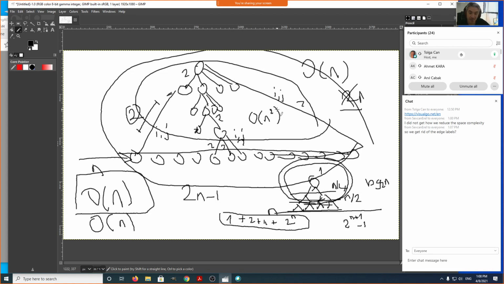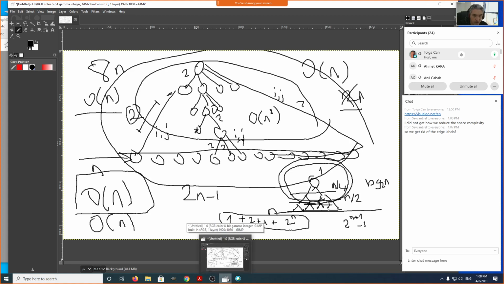The space that I'm going to require for each edge is going to be a constant size. For example, if two integers take 8 bytes, you're going to need 8 times n bytes for your edges, which is linear complexity. All right, so this is how we can reduce the space complexity to a linear one.